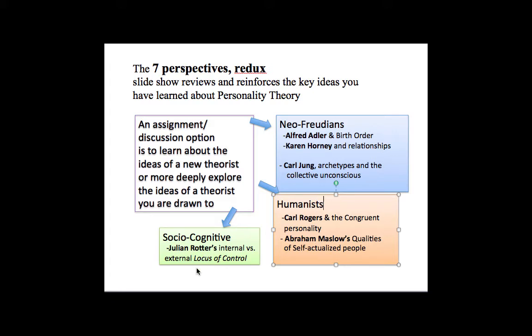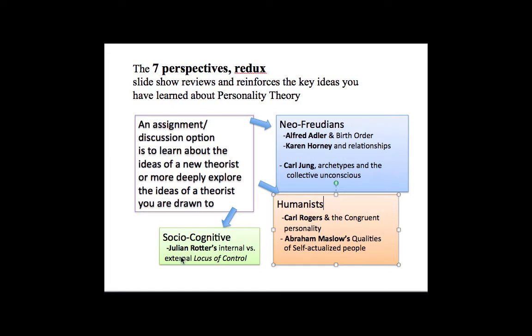And then Julian Rotter and this idea of internal versus external locus of control, a social cognitive or a social behavioral, you can use any of those terms, social behavioral cognitive, basically combining social environment, learning, and cognition, and understanding where is our center of control?